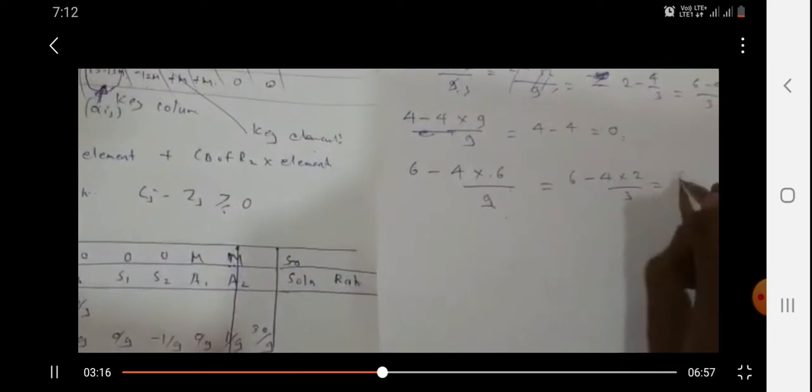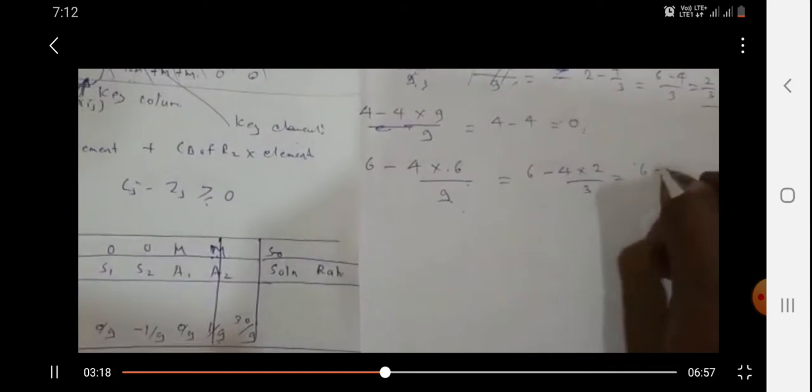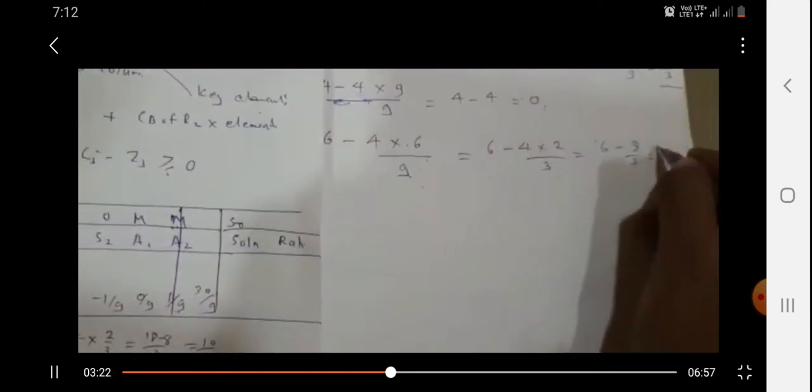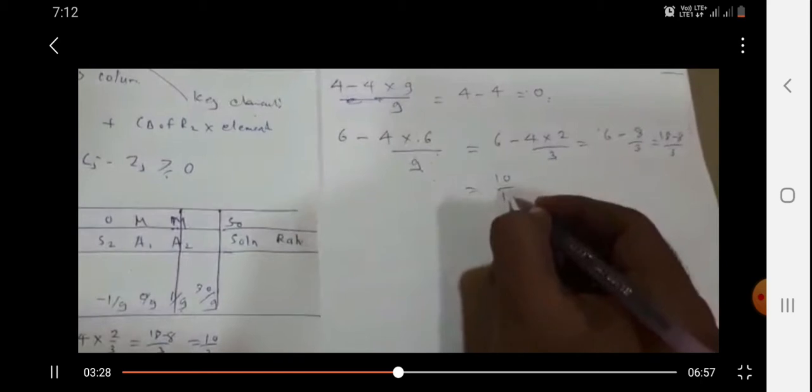So 6 minus 24 by 9, 24 by 9 or 8 by 3, and simplify this. Then 18 minus 8 divided by 3, that is 10 by 3 value, 10 by 3.